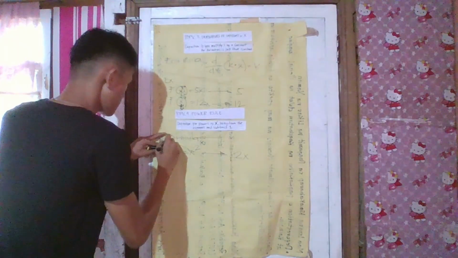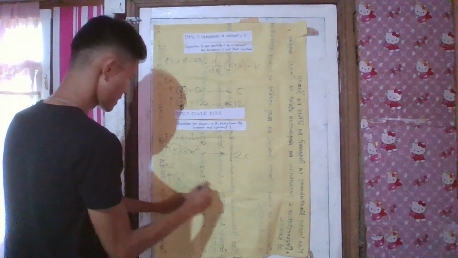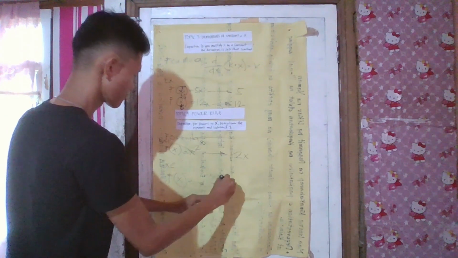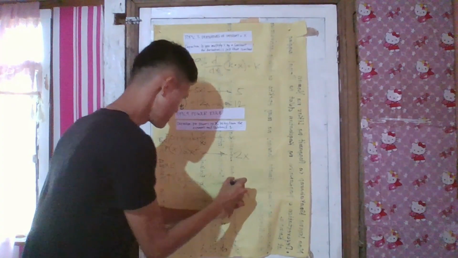I'll make another example. Example number 2 is f of x equals x cubed. Okay, x cubed. It cannot be 3x. What we will do is make it 3x squared.